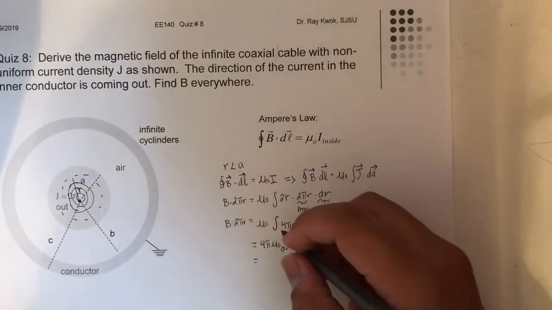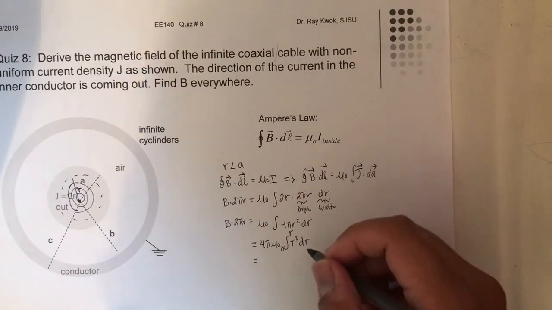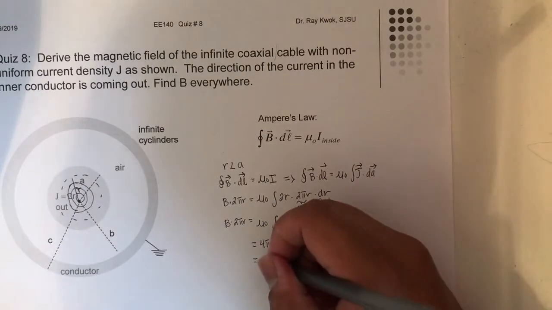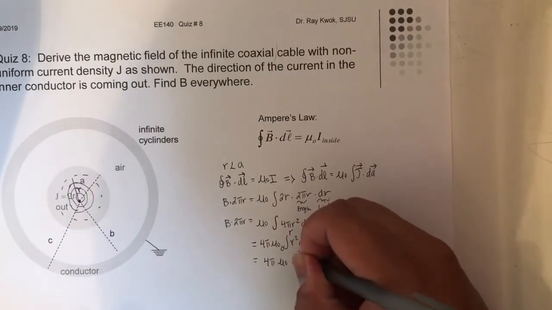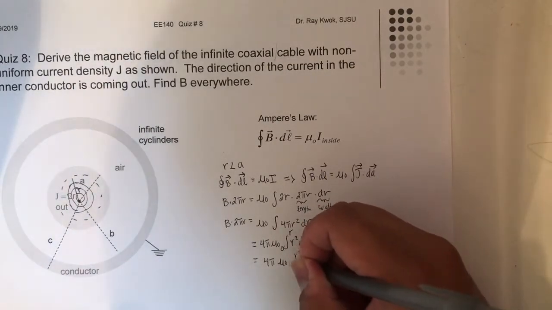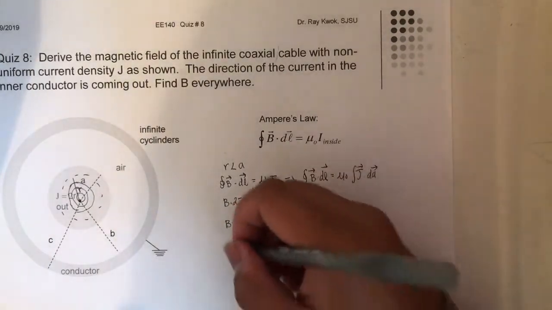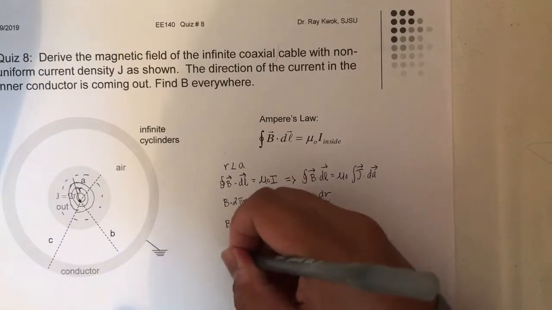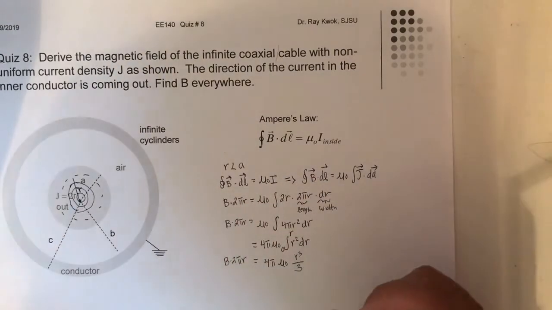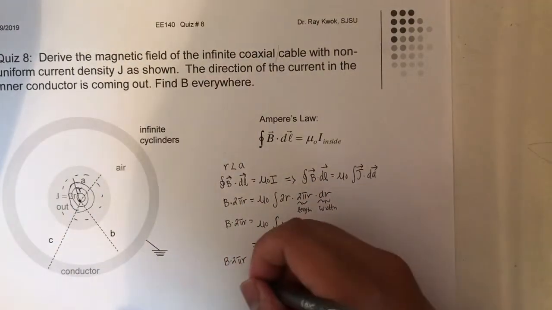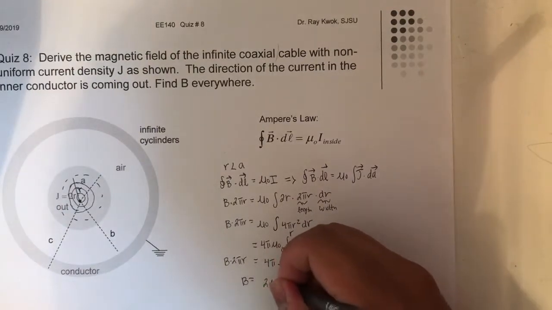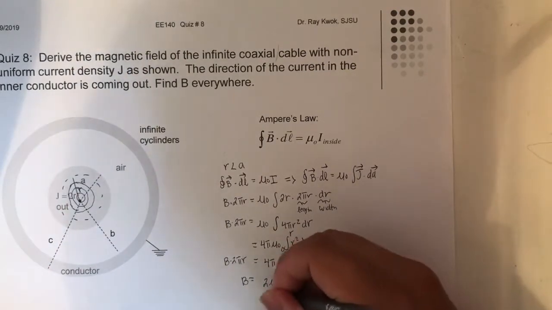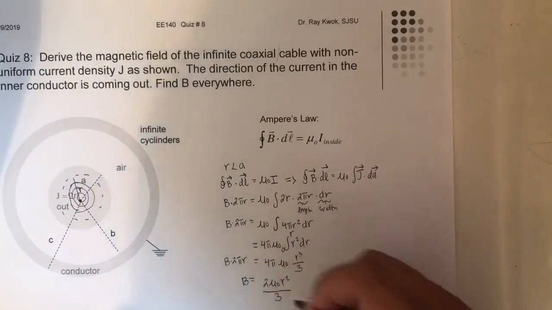Integrating, we have 4 pi mu naught r cubed over 3. Bringing the left side down, B times 2 pi r. Solving for B, B equals 2 mu naught r squared over 3.